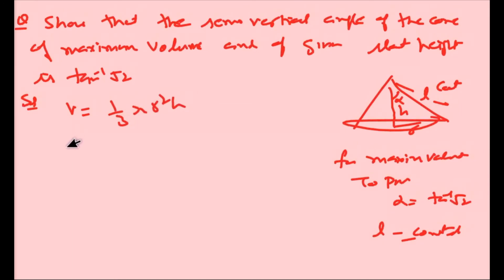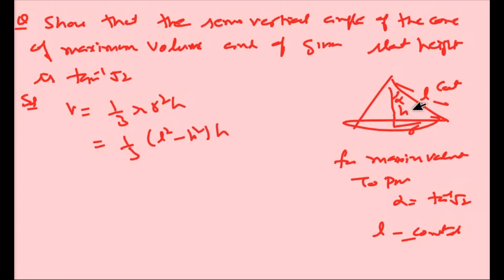Right, so we have to find the volume maximum when L is constant, so we have to change some value so that we can use the constant L. Right, so we can write that R square is changing here, L square minus H square into H.